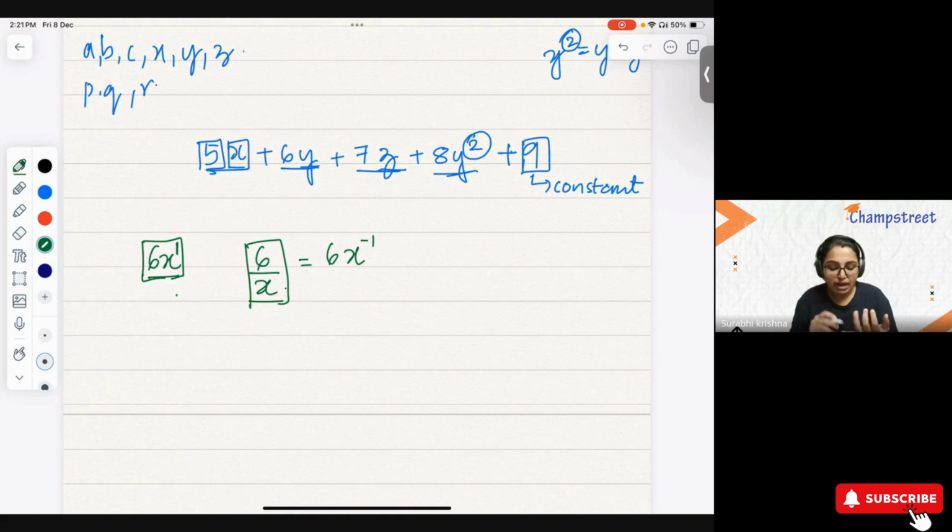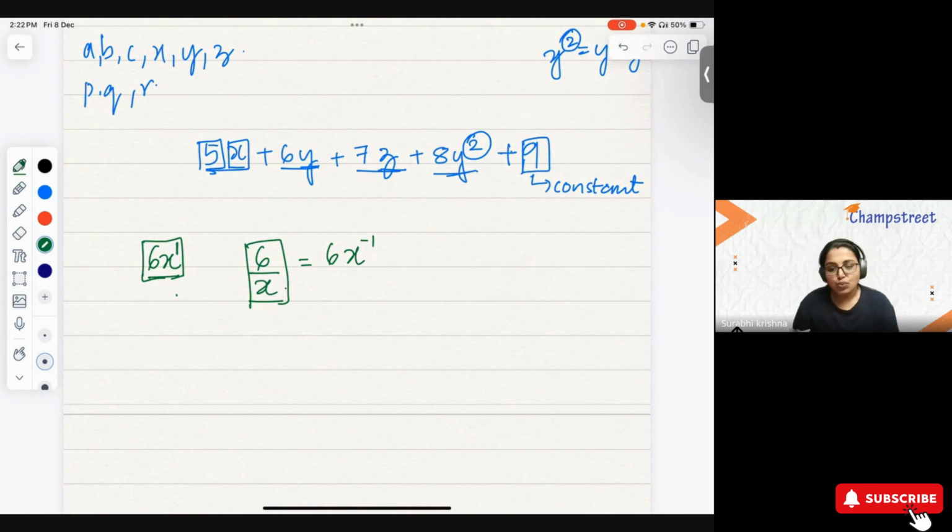So it should be 1, 2, 3, 4, 5, and so on. You know what natural numbers are. Can it be 1.5? It is a positive number, but no, it cannot be 1.5, no decimals, no fractions, nothing. We should have natural numbers as the power of the variables. Then only that particular algebraic expression is called a polynomial.